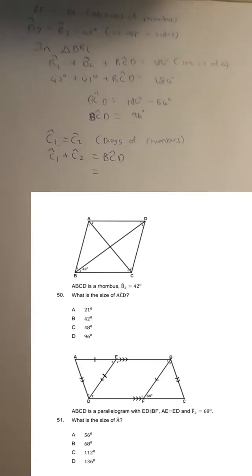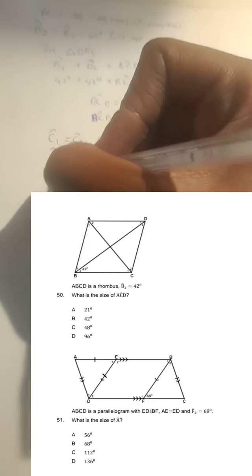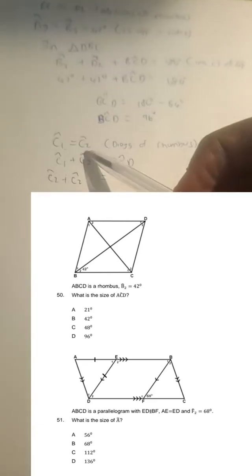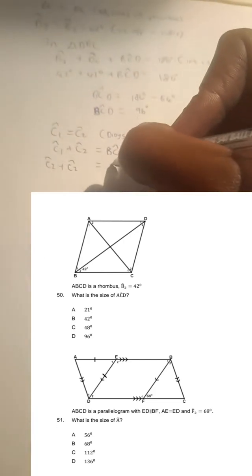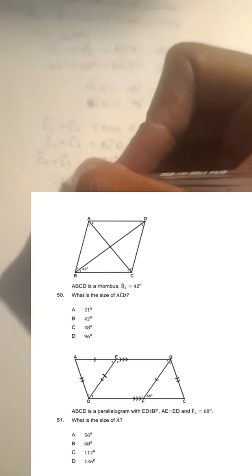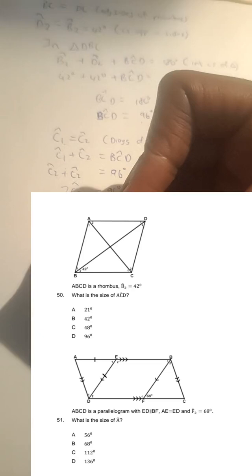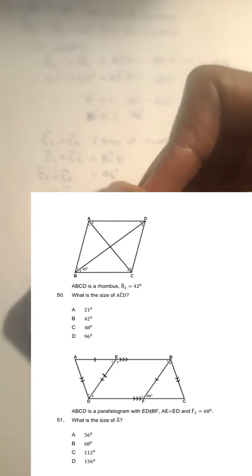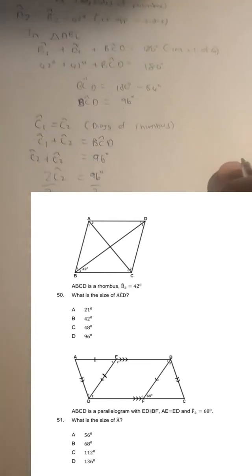Since C1 is equal to C2, we are interested in finding who? C2. All right, so we are going to say C2 plus C2, because remember C1 is equal to C2, so I can substitute C2 in the place of C1. C2 plus C2 is equal to 96 degrees. And I'm going to have 2C2 is equal to 96 degrees. I divide both sides by 2. So that means angle C2 is equal to what? 48 degrees.